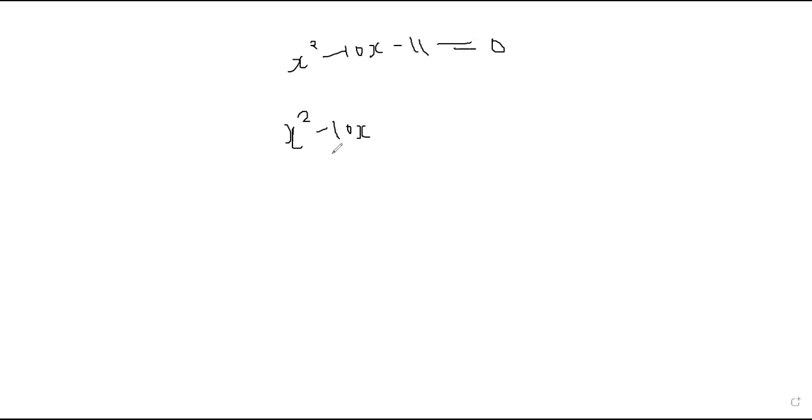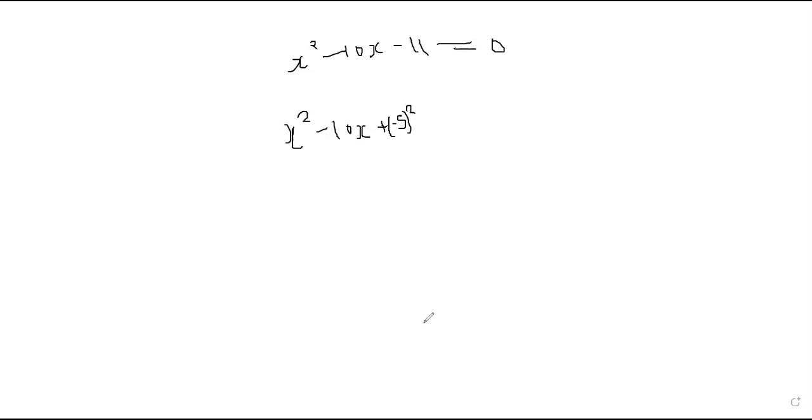So half of negative 10 is negative 5. Negative 5 squared is 25. So you can write it for the person who will be marking your paper. You can say plus negative 5 squared so that they see what you did, right? That means it's half of this, right?